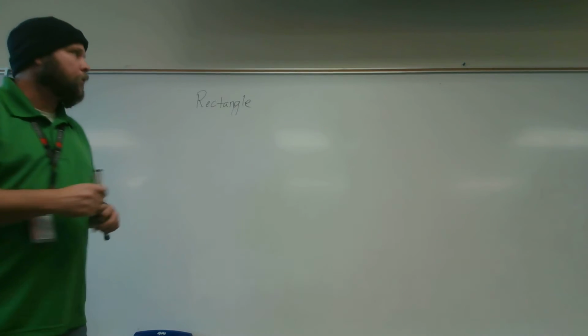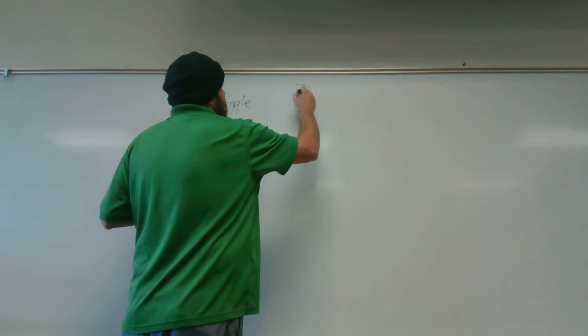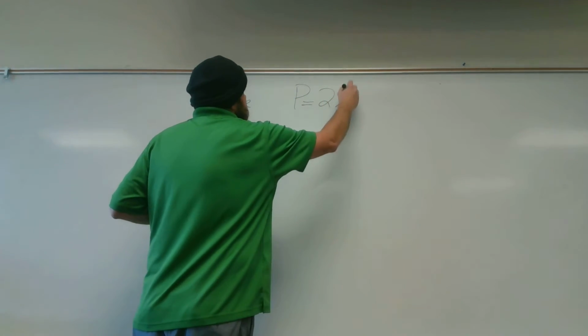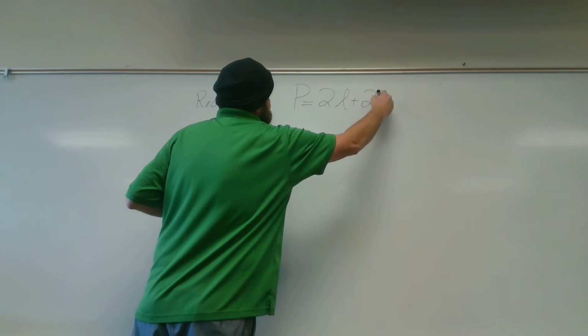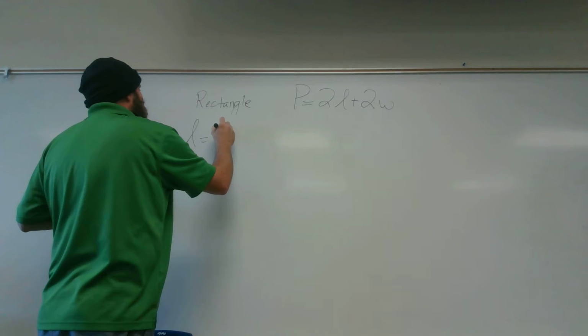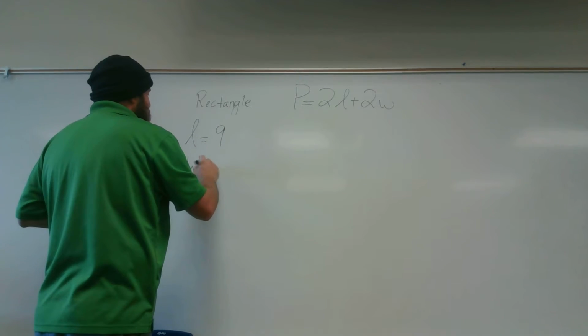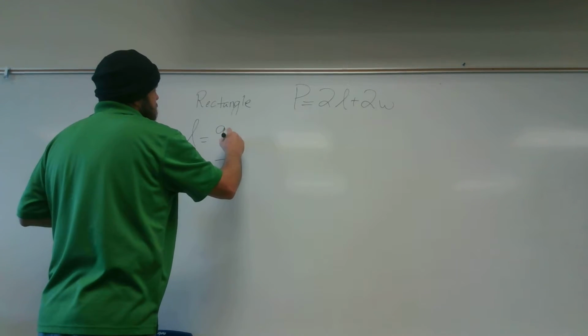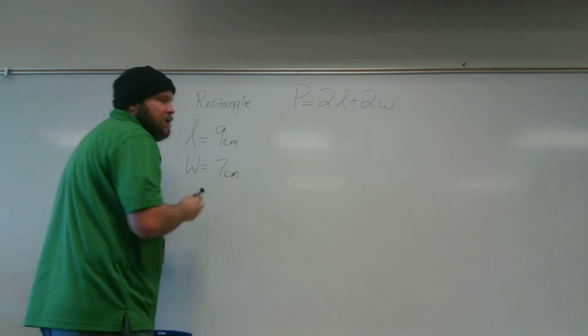And since I know that these are all going to be perimeter problems, I'm leaving my formula up there. 2 times length plus 2 times width. I'm going to say the length equals 9. The width equals 7. And we'll make these in centimeters.